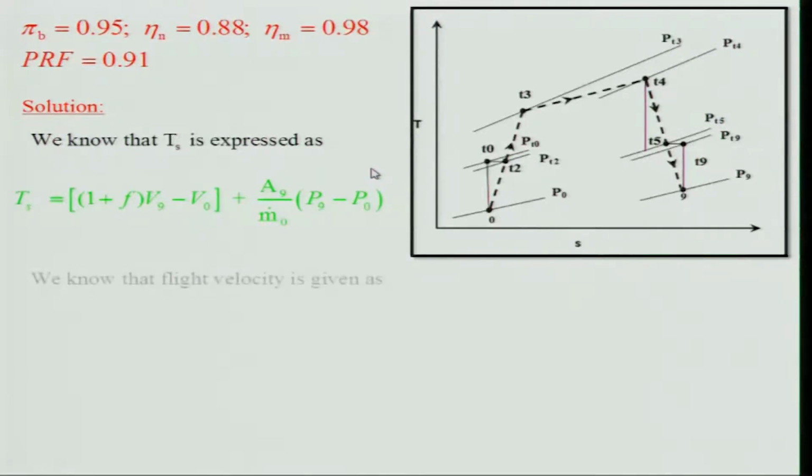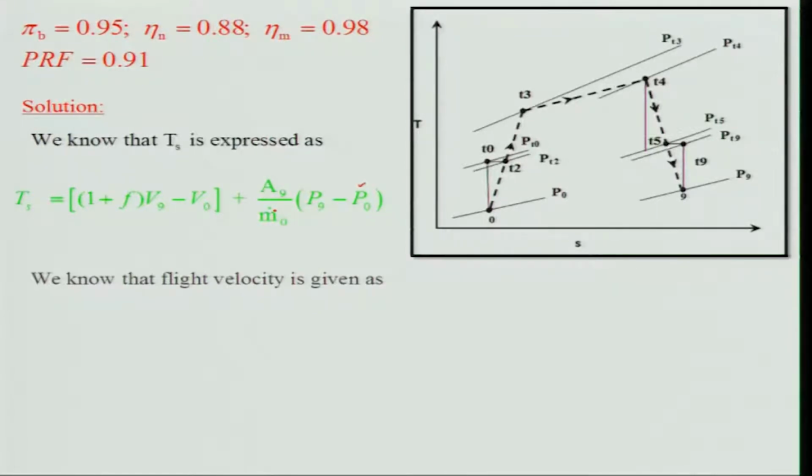But P9 is not known and A9, the cross sectional area of the nozzle at the nozzle exit, is not given, and m naught dot is not given, the mass flow rate entering you do not really know.